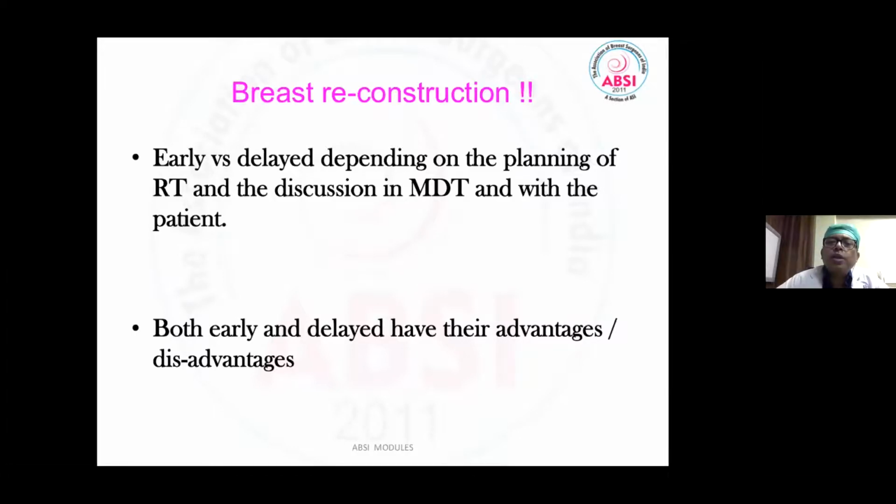So it has to be an autologous reconstruction in those cases. But as I said, the standard of care is an early or a primary reconstruction, except of course when you are unsure about the margin.